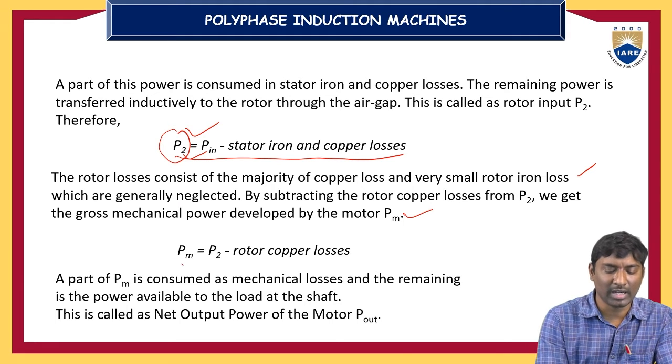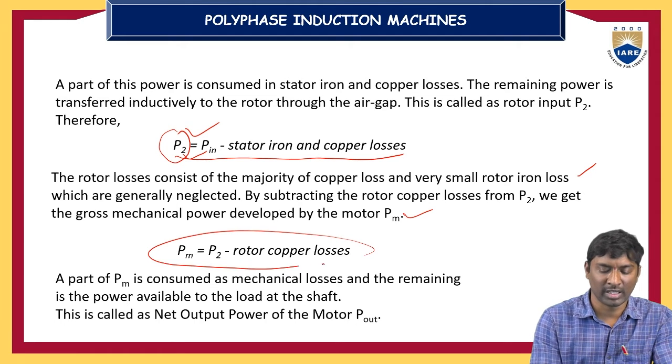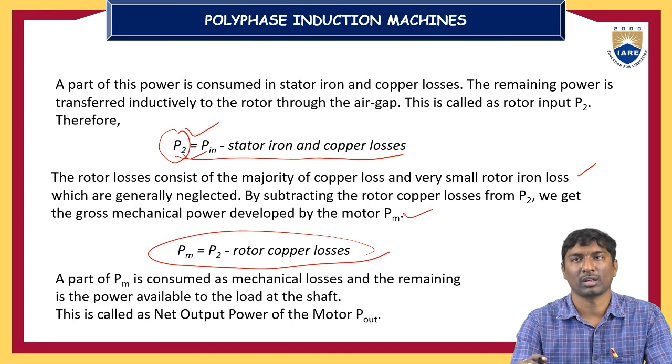That is, P mechanical is equal to P2 minus the rotor copper losses. Then I am getting the mechanical power developed in the motor, that is PM.